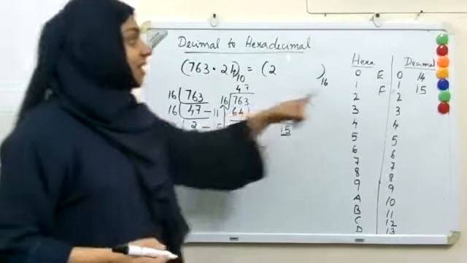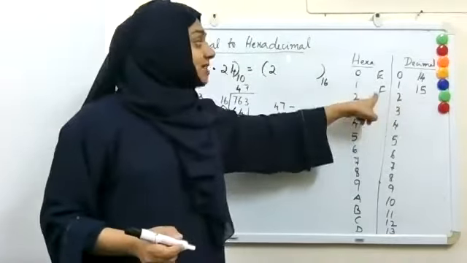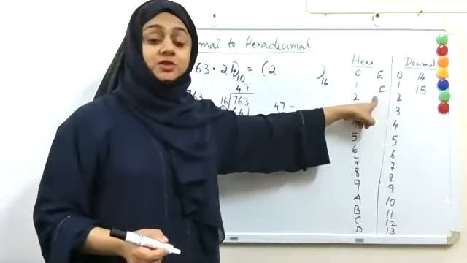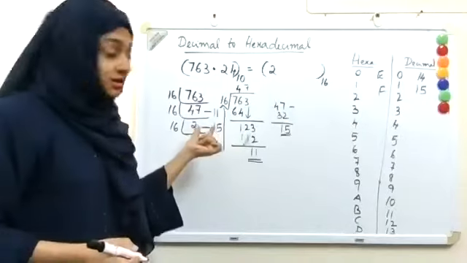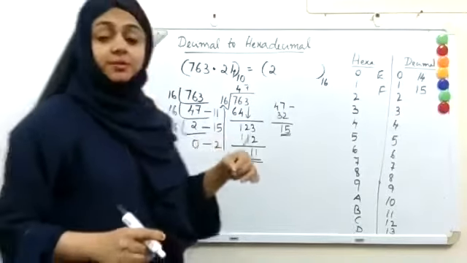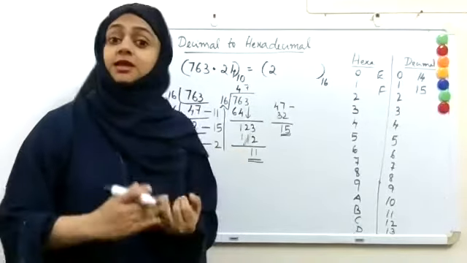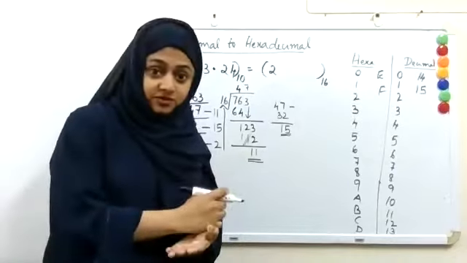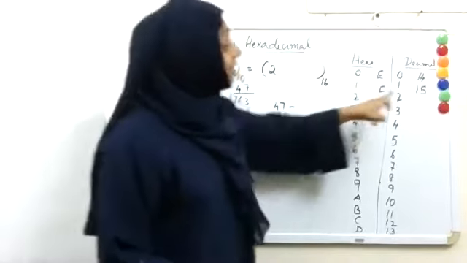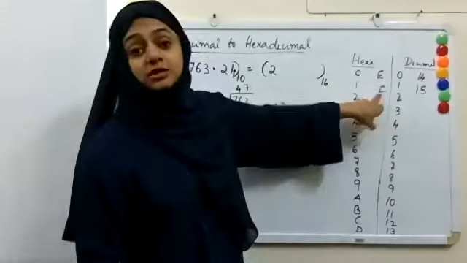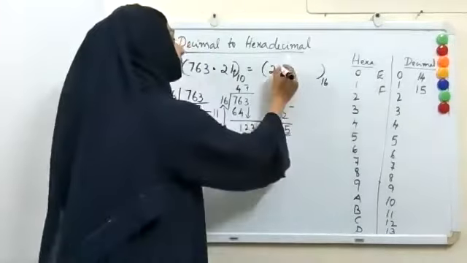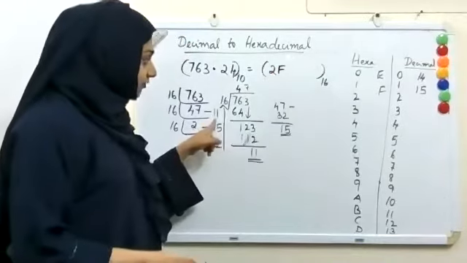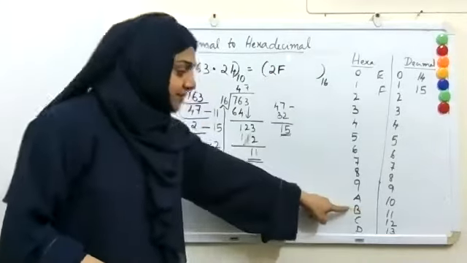Instead of 15, I will write the letter corresponding to 15. What is that? F. So I cannot write 15. Note that if any number comes after 9, like 10, 11, 12, 13, 14, 15, then you have to write the letter corresponding to that. So instead of 15, I will write F. And instead of 11, I will write B.